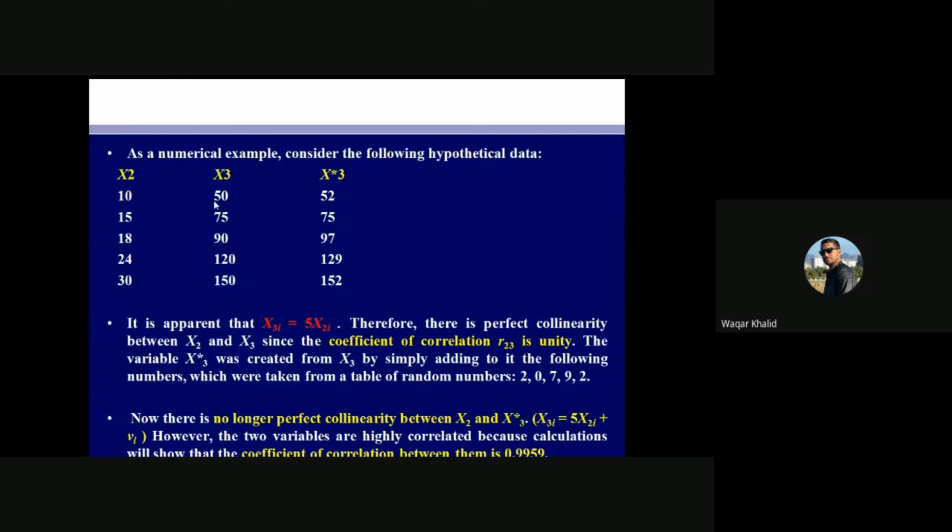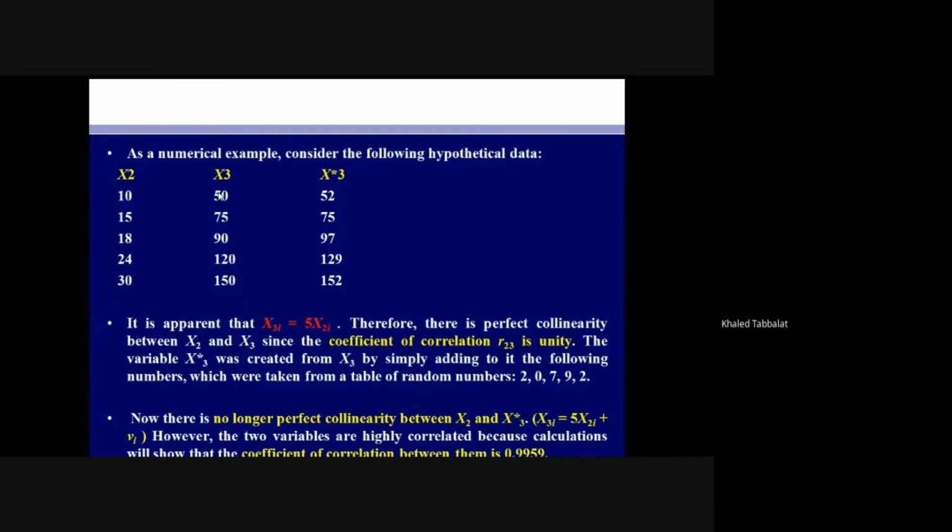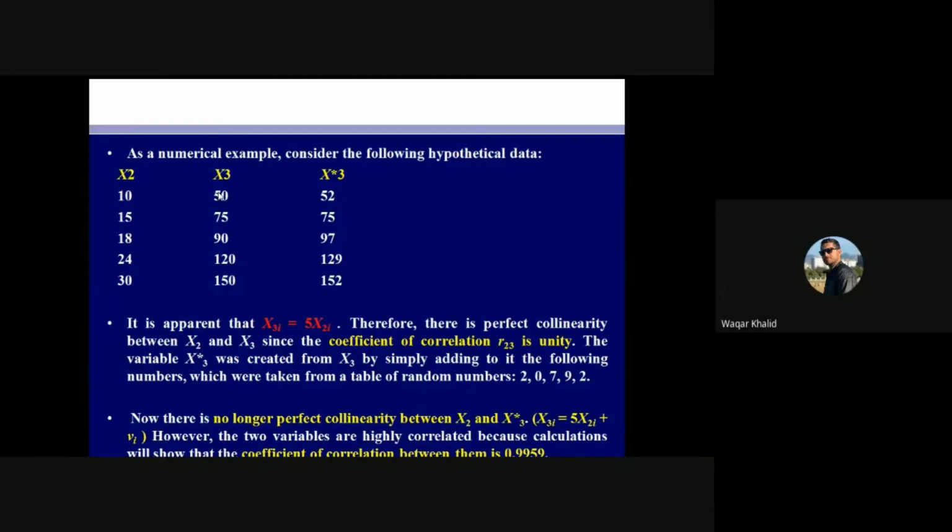Like for example, look at this. This is 50, and if I am adding 0.001, I will get 50.001. So what is the difference between 50 and 50.001? Negligible, very, very small.